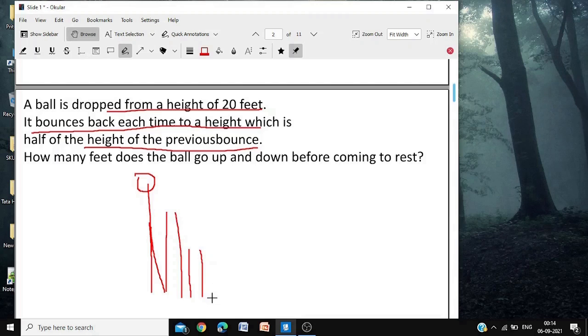The next bounce will be 2.5, then 2.5 down. So 20 feet it's coming down, then 10 feet it bounces and drops 10, goes up 5 and then comes down 5, goes up 2.5 and comes down 2.5 and so on. How many feet does the ball go up and down before coming to rest?